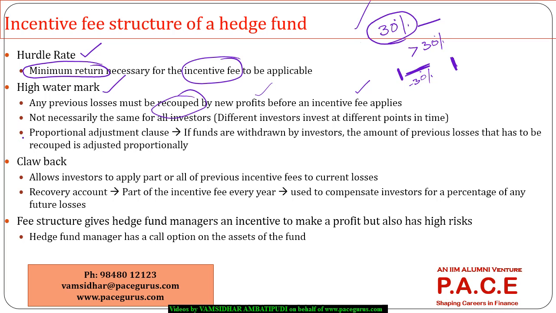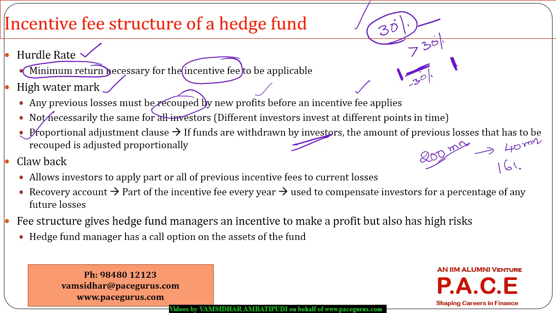And along with that, there could be a proportional adjustment clause also along with the high watermark, especially if the funds are withdrawn by the investors, right? Okay, let me give you an example. So initially the fund is a $200 million fund, right? And at the end of the year there were losses of 40 million on the fund.